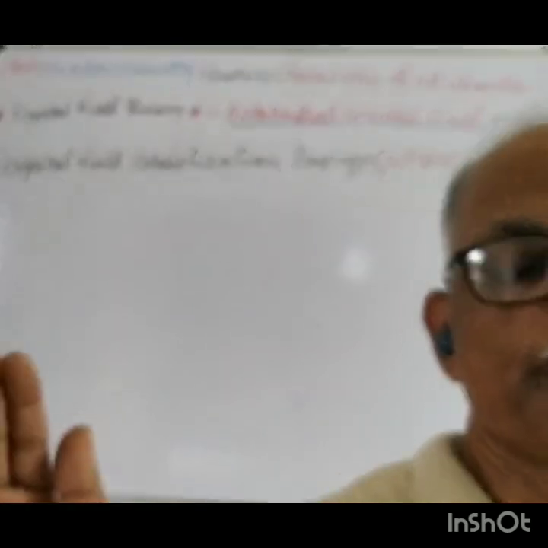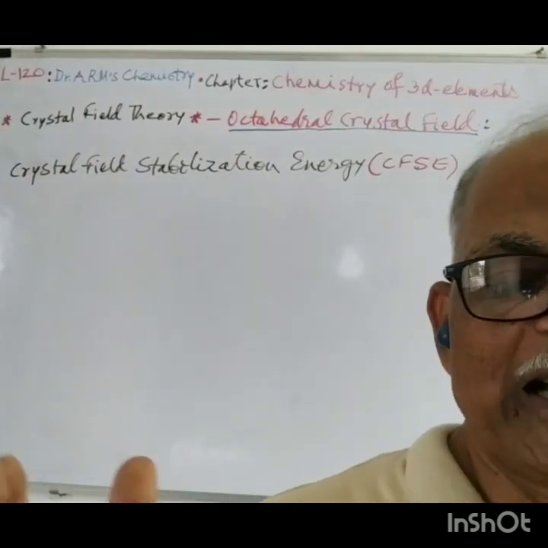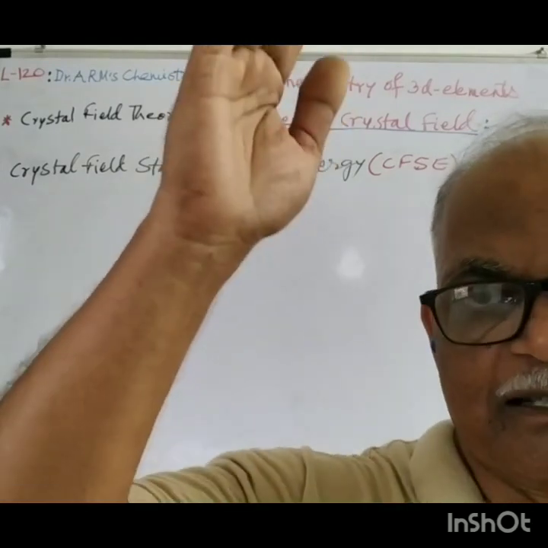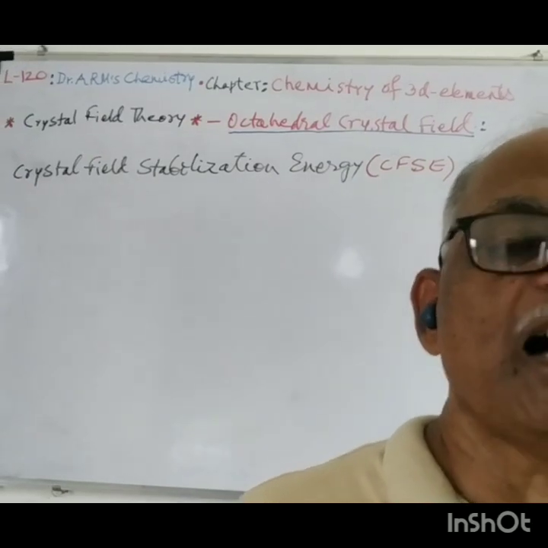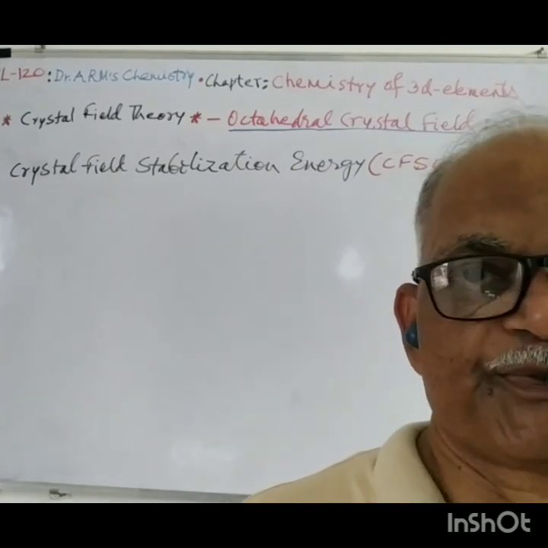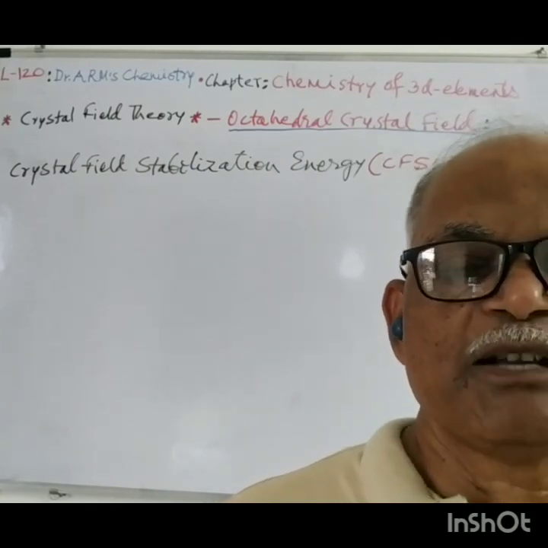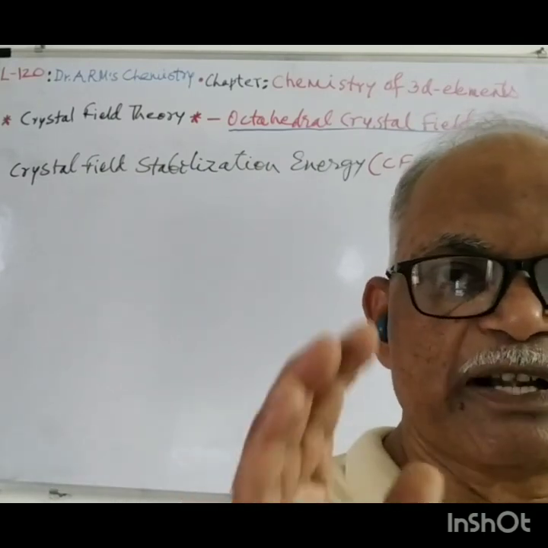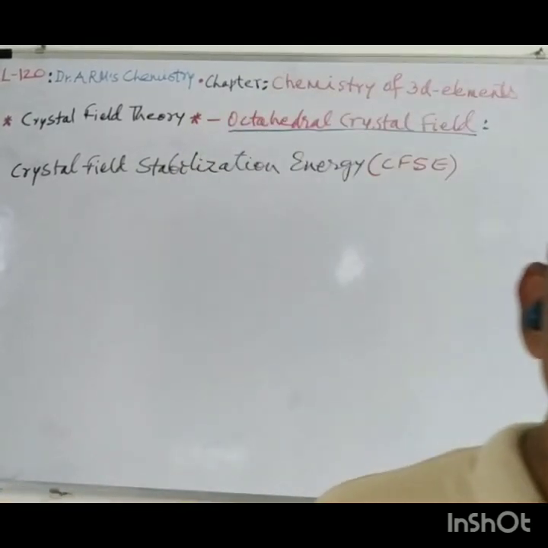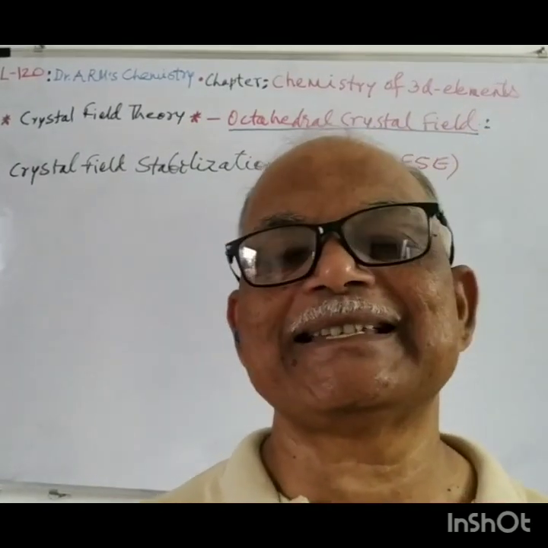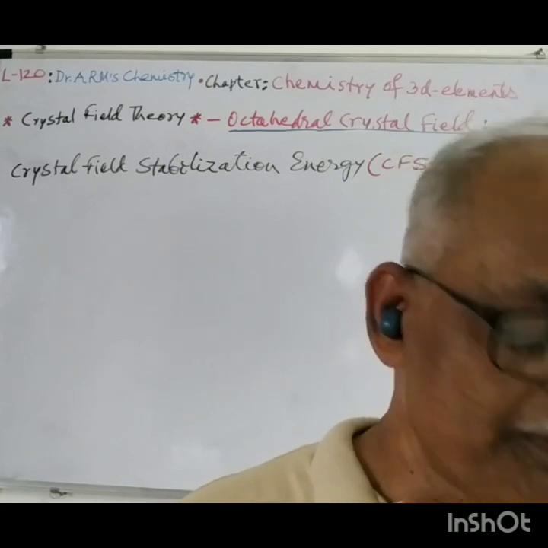So as we move in the periodic table from left to right, the number of electrons goes on increasing, and similarly as we move down a group, the number of electrons present also increases, but the number of d electrons is the same for a specific group. So the total number of electrons increases, but the number of d electrons remains unchanged.